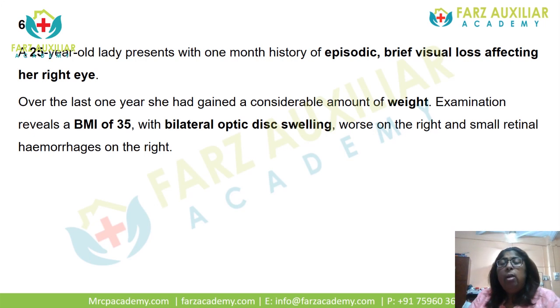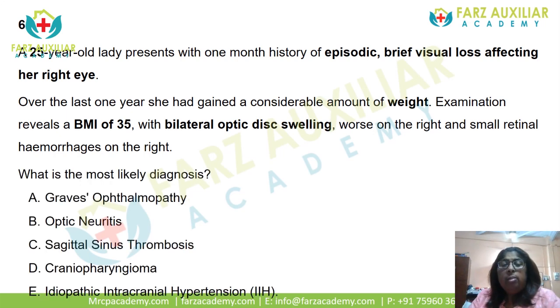What is the most likely diagnosis? A. Graves' ophthalmopathy. B. Optic neuritis. C. Sagittal sinus thrombosis. D. Craniopharyngioma. And E. Idiopathic intracranial hypertension, or IIH.